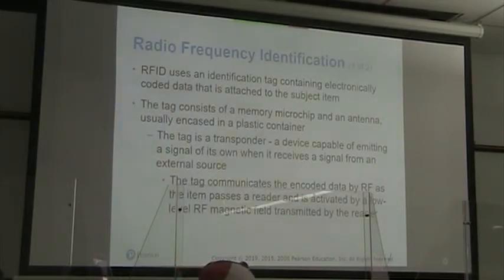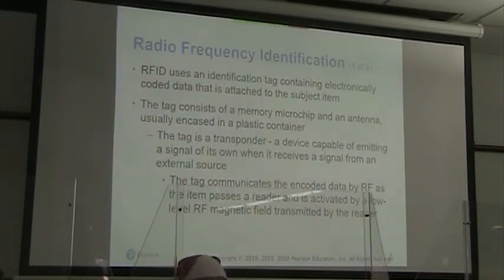All right, so radio frequency identification. Our RFID has an identification tag that has the coded data, and it's attached to our item. So the tag has a memory microchip and an antenna. Often that's encased in a plastic container, but not necessarily.